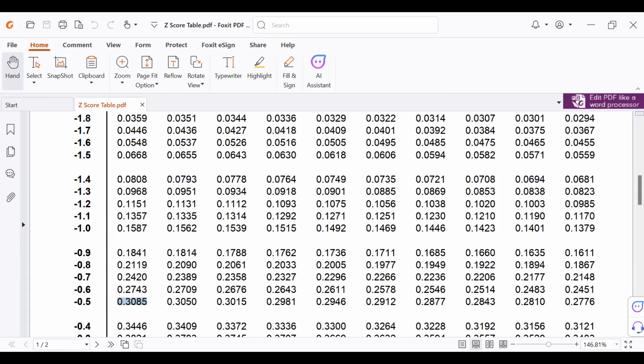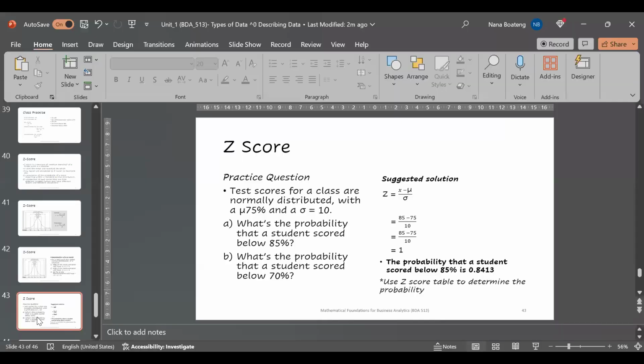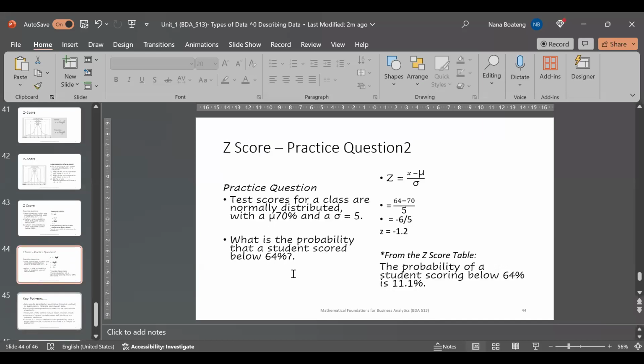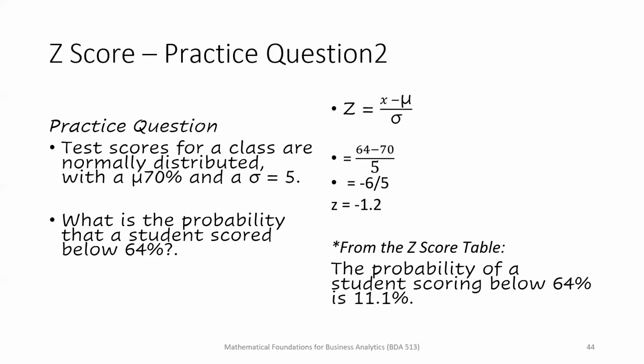Okay, let's go on. Let's make other examples. So here, we find another practice question. This time round, the test scores for a class are normally distributed with a mu of 70% and a standard deviation rho of 5.